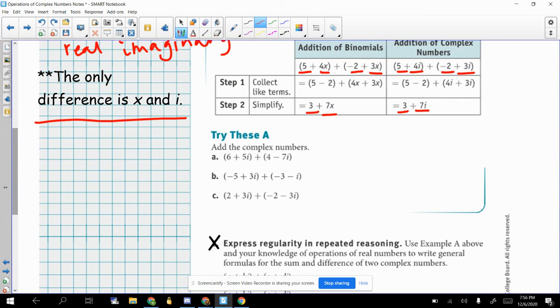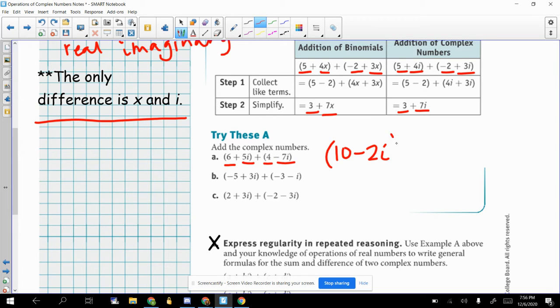Okay. So let's go ahead and take a look at examples A, B, and C here. So 6 plus 4 is 10. And then plus 5i, whoops, I shouldn't have put the plus there. 5i plus negative 7i is a negative 2i.